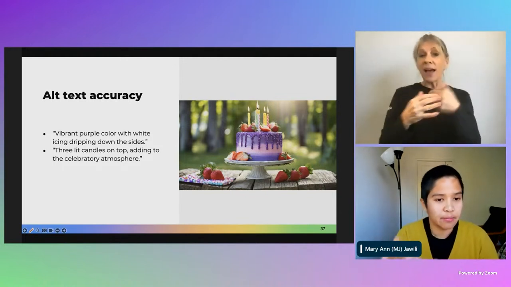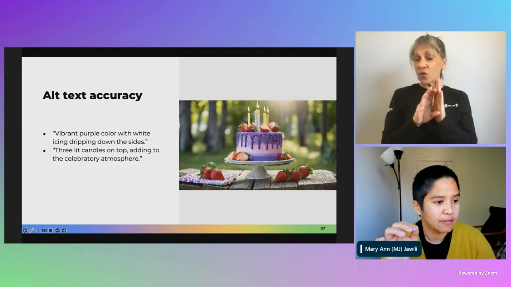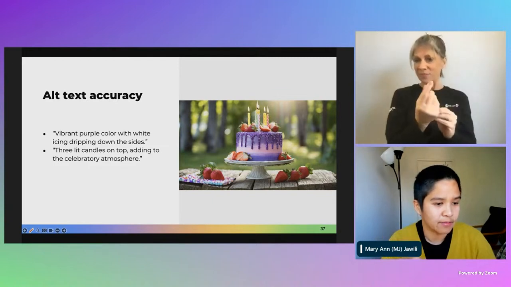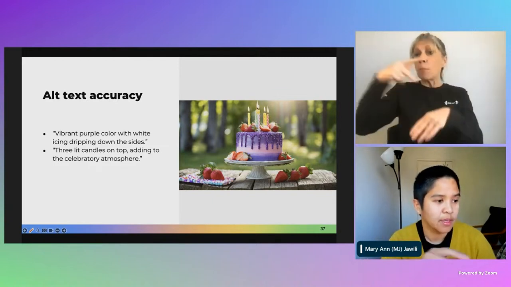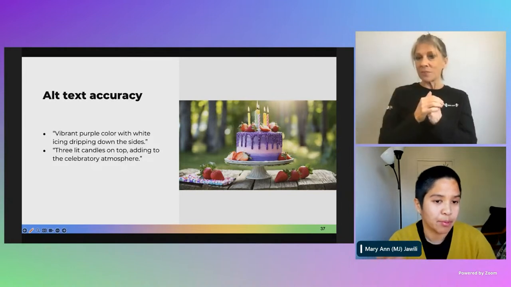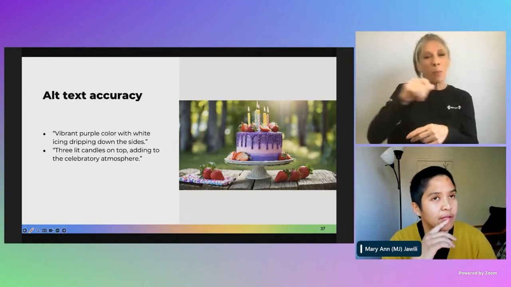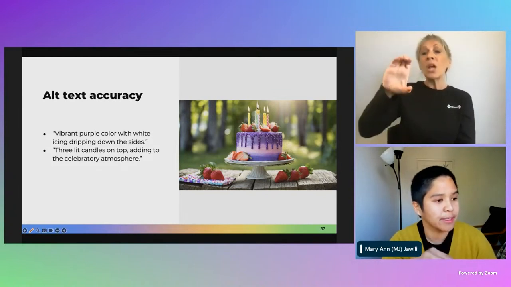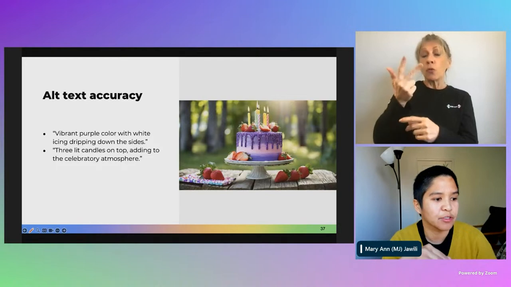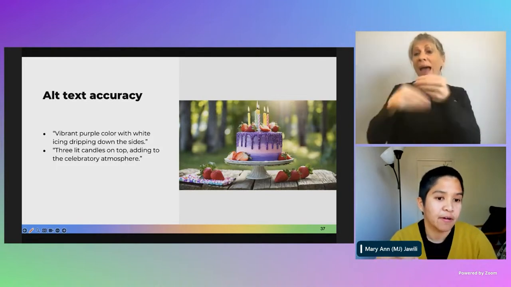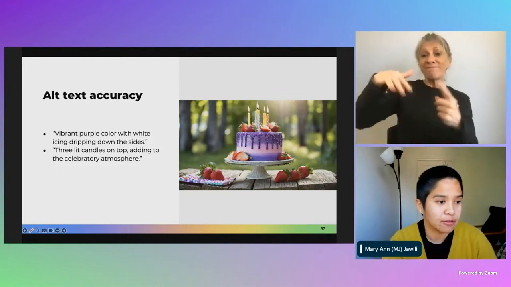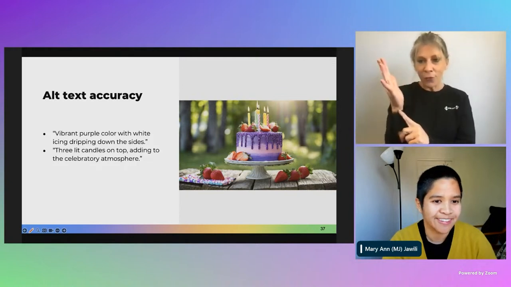And here, this image, cake number 1, does not have white icing. It's purple icing. I would actually call it maybe purple glaze, but nonetheless, it's purple, not white. And ChatGPT went on to say there are 3 lit candles on top, adding to the celebratory atmosphere. And there are indeed not 3 candles, there are 5 or 6.